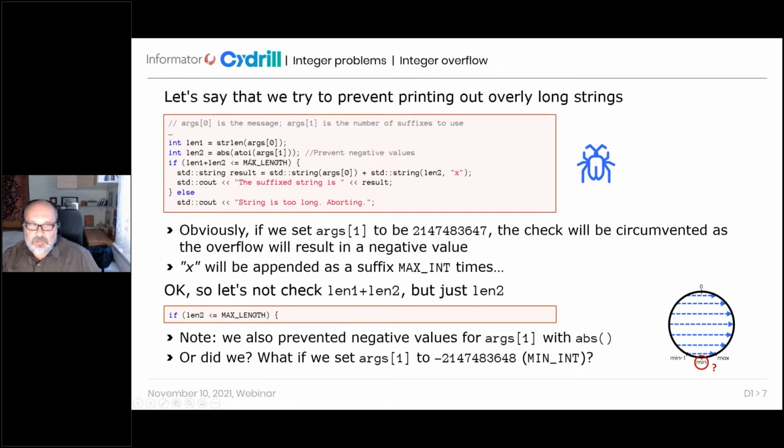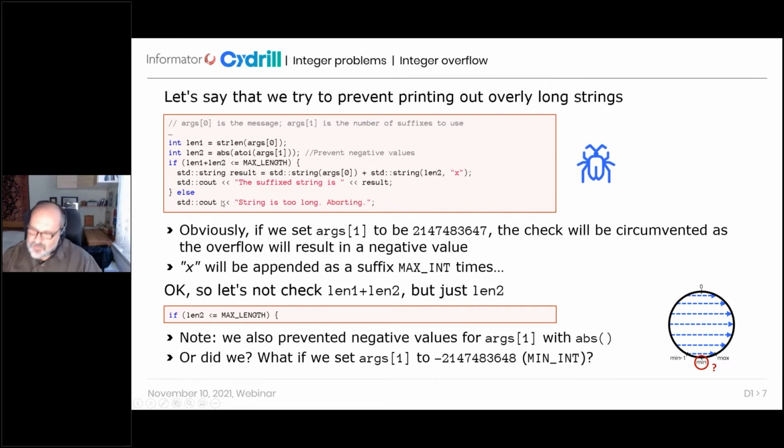But we don't, because if you take this number, 2 billion and something, which is max int, and you add any positive number, which is the length of the string, the wraparound will happen. You will get a negative number, and a negative number as a result of this arithmetic operation is obviously smaller than max length. Of course, unless max length is explicitly indicated to be unsigned, because then this will be promoted.